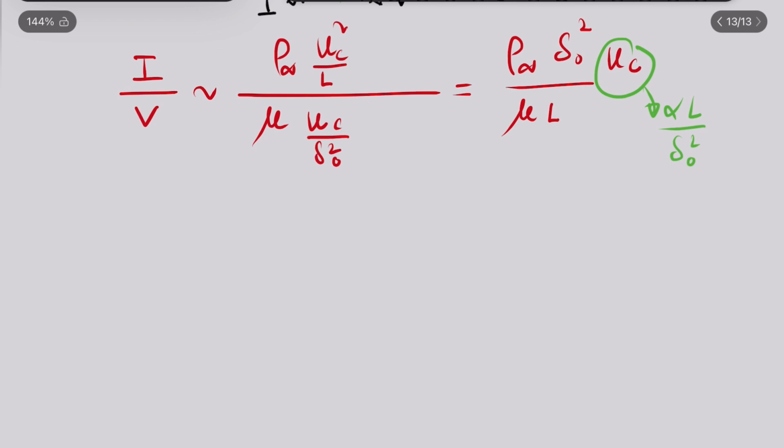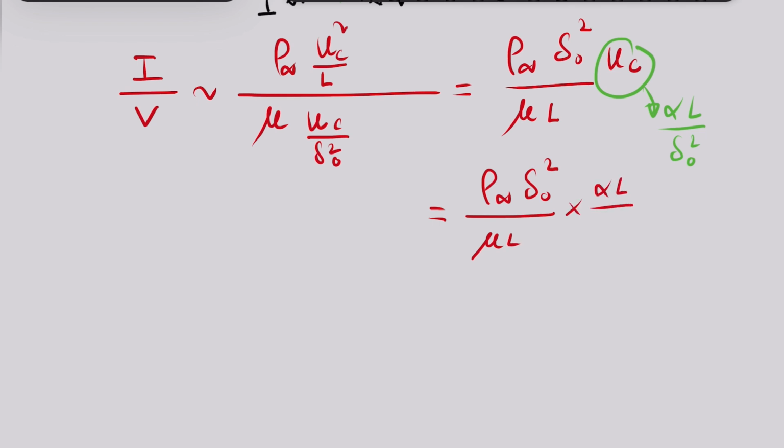So now this becomes rho into alpha L, L will be cancelled out. So this is obviously mu infinity because we have applied the Boussinesq approximation. These all mu's are mu infinity and these are constant. So alpha by mu infinity by rho infinity, and there is also alpha infinity.